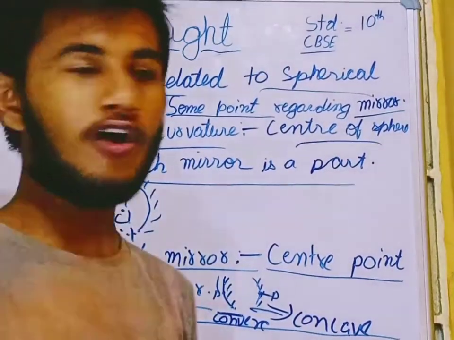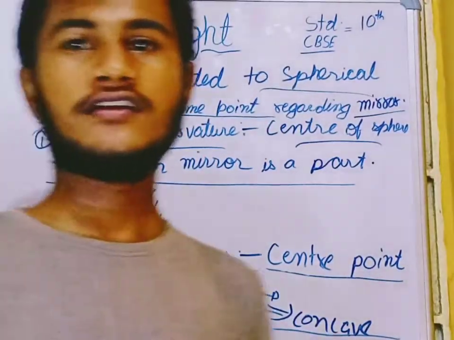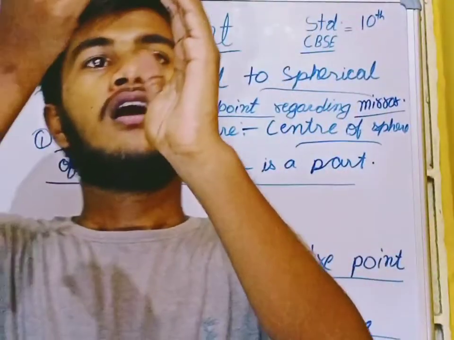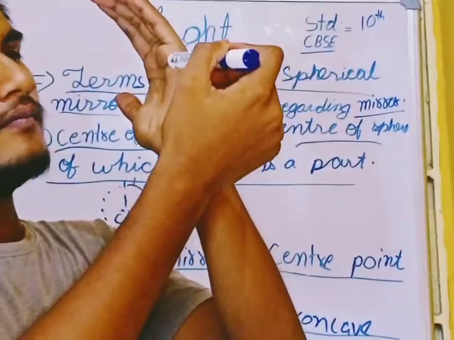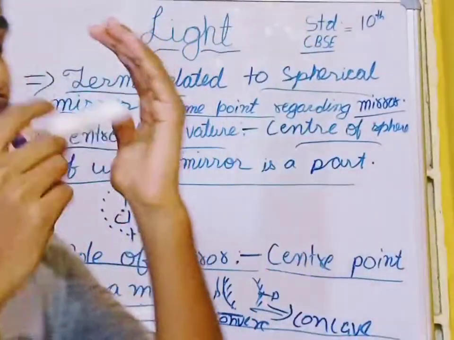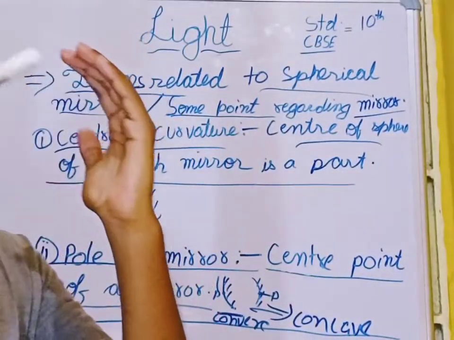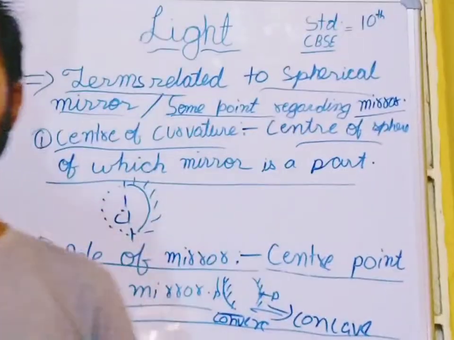Pole of mirror, the center point of a mirror. Center point means this is our mirror, and it has a center point here. Maybe it may be here. Okay. Then this point is known as pole of mirror. And what is center of curvature?